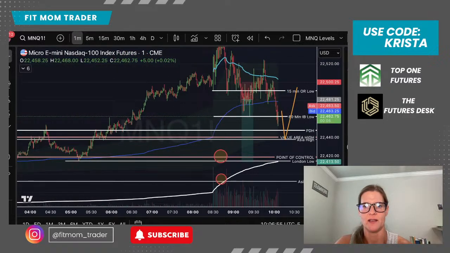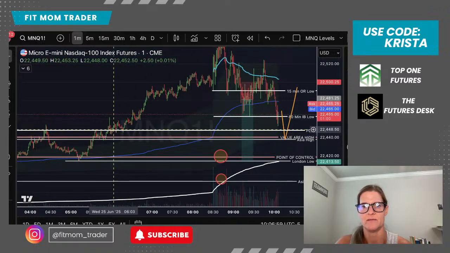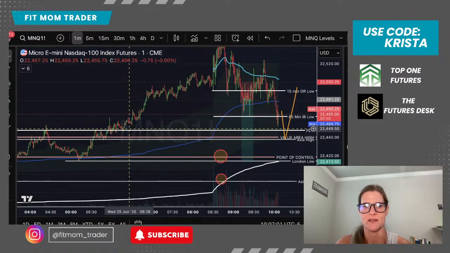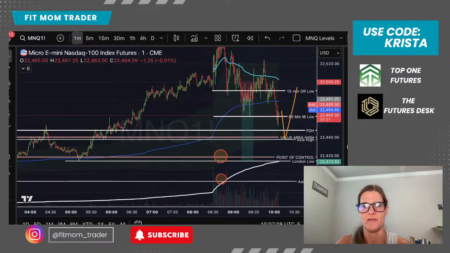Ideally, if we're going to come out of initial balance, if we can get a strong bounce off of some sort of support or grab liquidity, that usually looks a lot better for a failed auction.